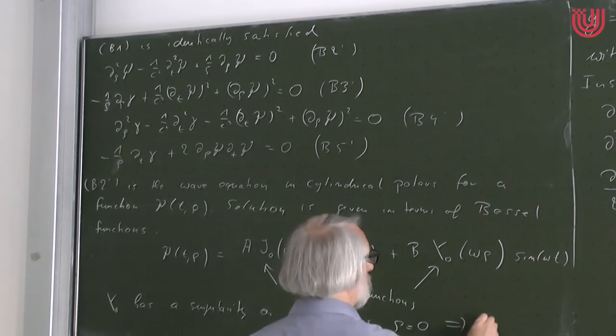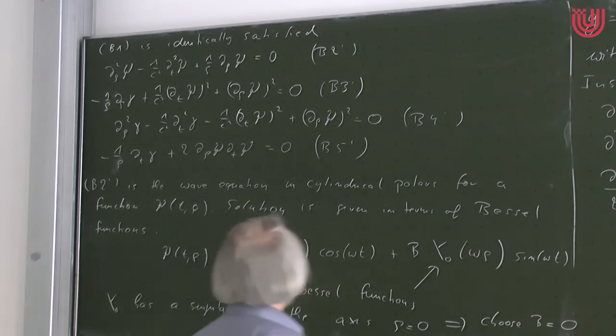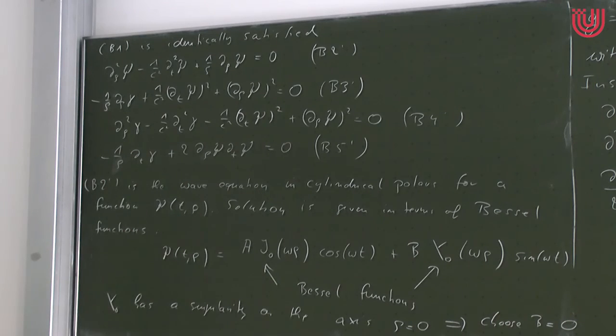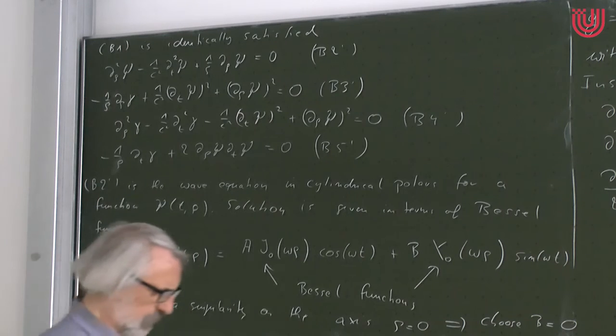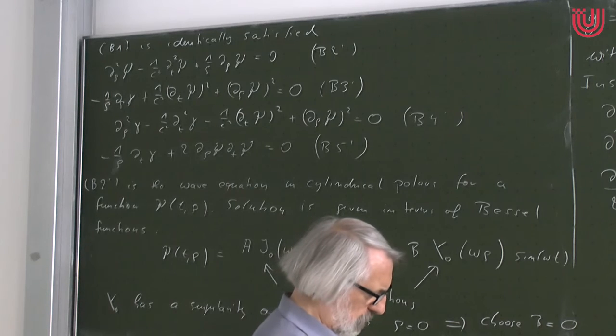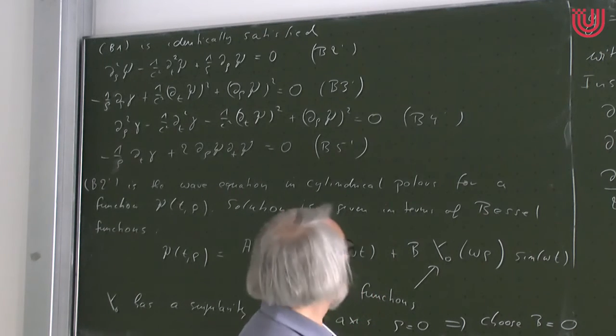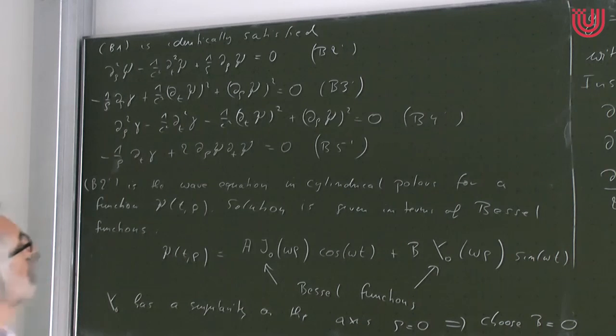So for this reason, we choose b equal to 0. So this is regular everywhere, well behaved on the axis, and so we have solved this equation. Then we have also solved B2 prime, and then we have to continue with the other three equations.